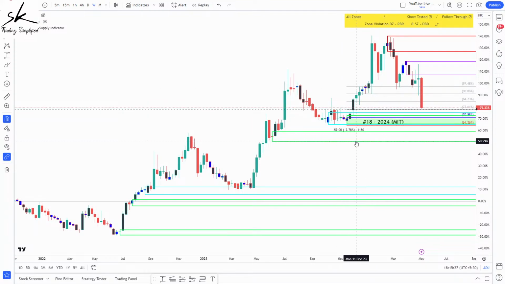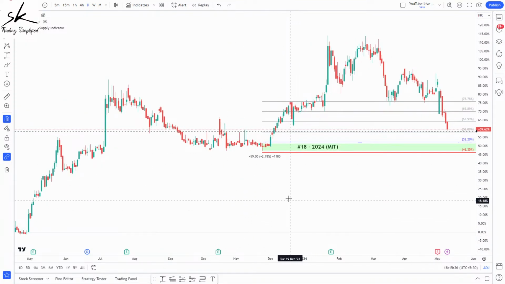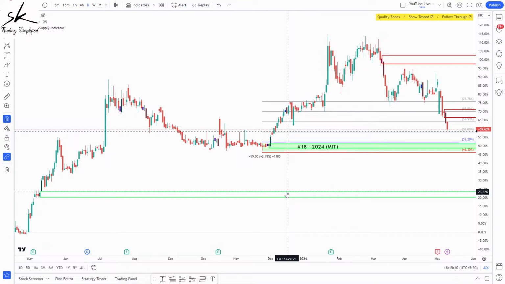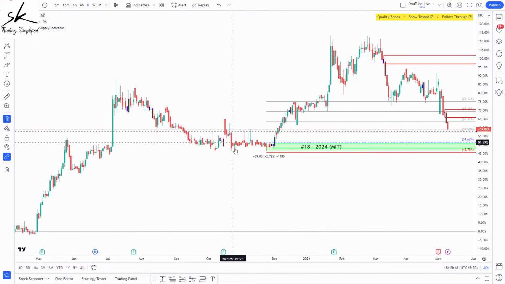Can you see on this time frame, it looks much neater to us, and this is the beauty of the indicator: even if at times your eyes might not be able to comprehend it, the indicator might do it because it has been designed with a lot of things taken into consideration. But yes, it's definitely a rally-base-rally structure.